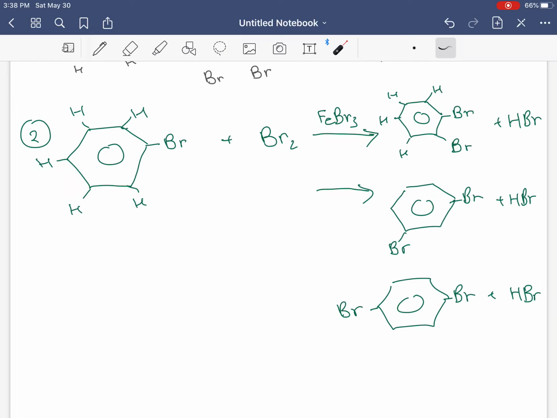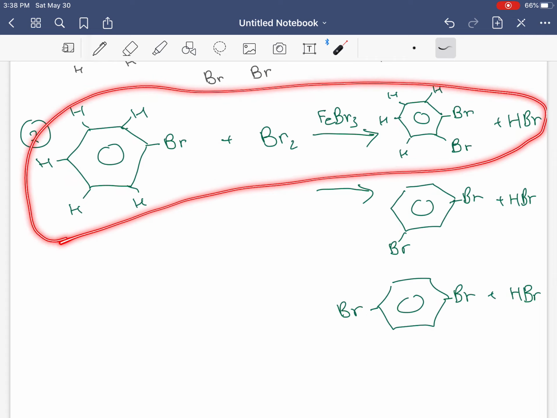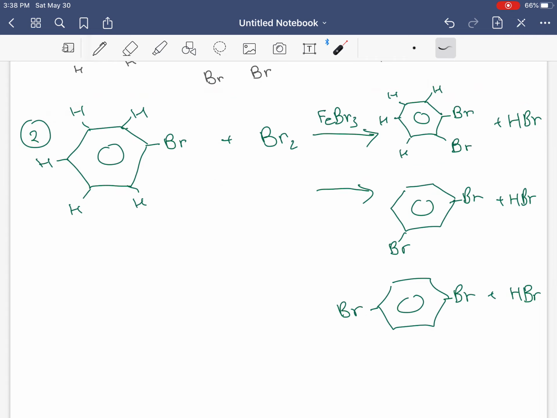Okay. So again, what makes organic chemistry hard is that it's not just as simple as this. I wish it was just as simple as this. But there's always cases where, hey, this can happen too. Yeah, this can happen too. Okay.